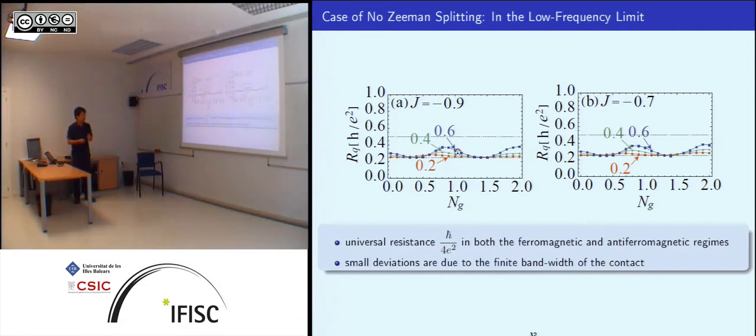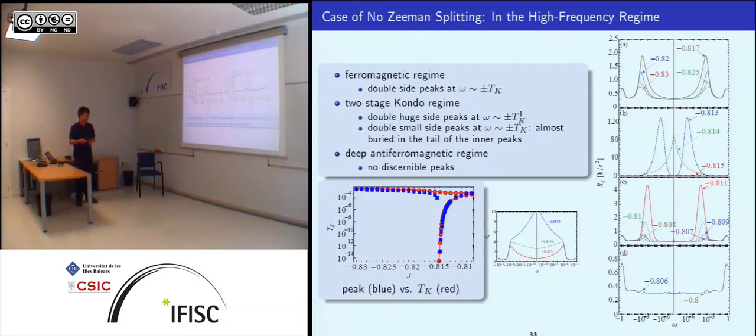The small deviation is due to an artifact of our numerical method. Actually, we are more concerned with where the gate charge is 2, where the ground state has only 2 electrons. But no matter what value the gate voltage is, we have the universal resistance for the low frequency regime.